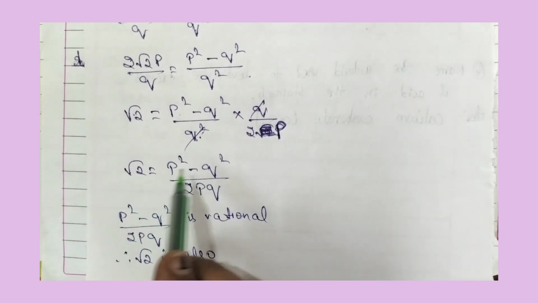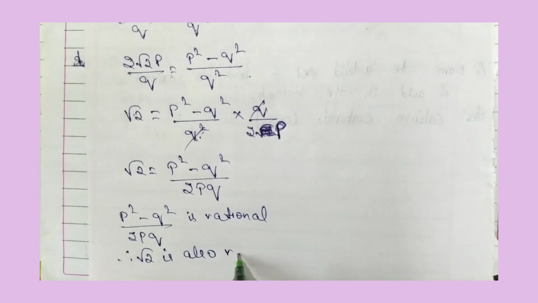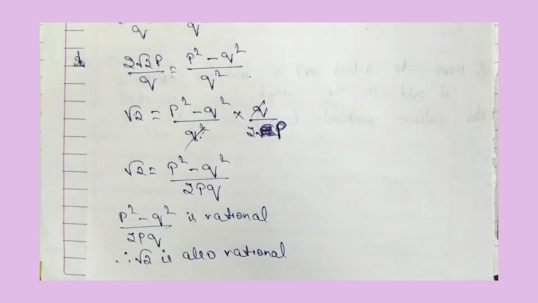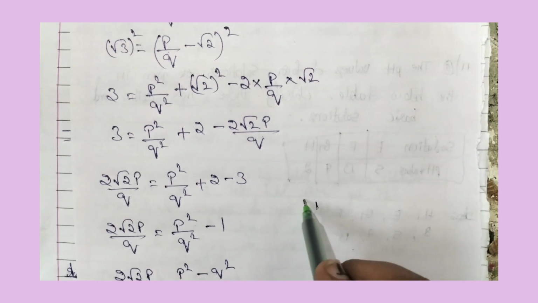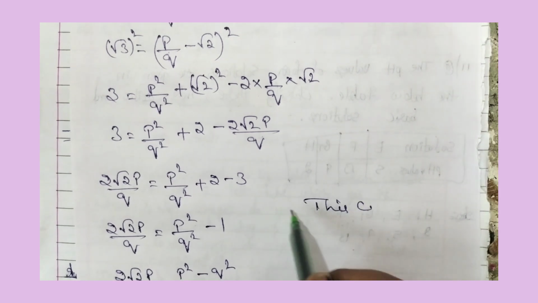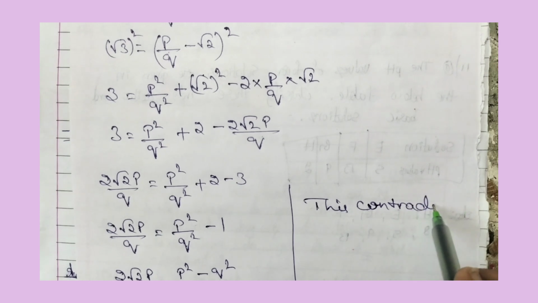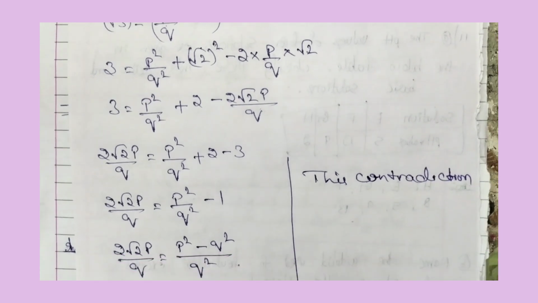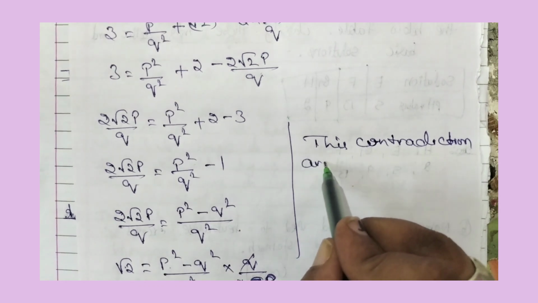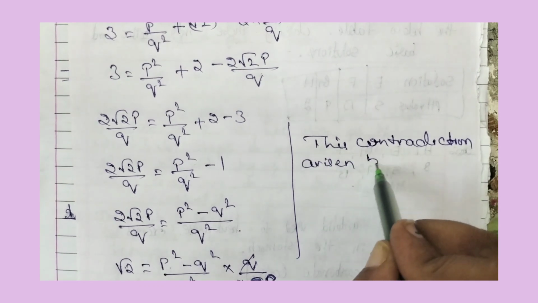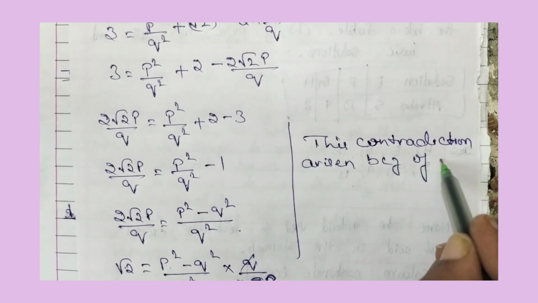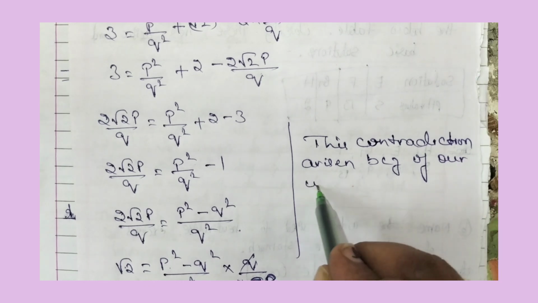So this is rational and that is equal to it, so that is also rational. This contradiction has arisen because of our wrong assumption.